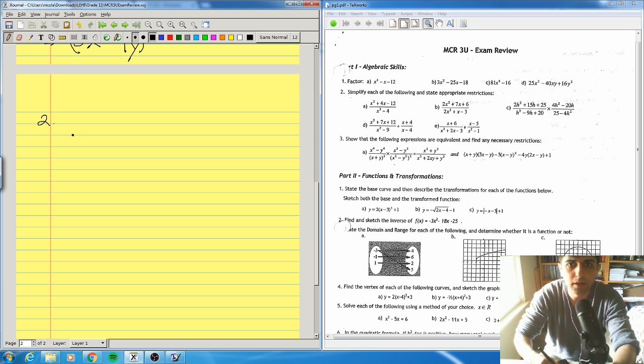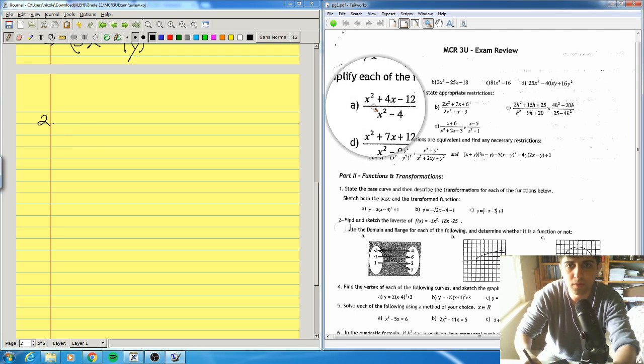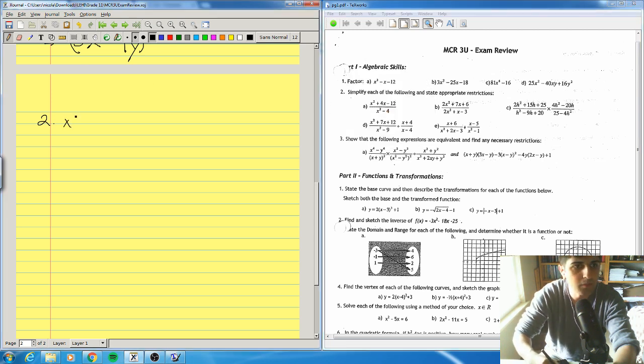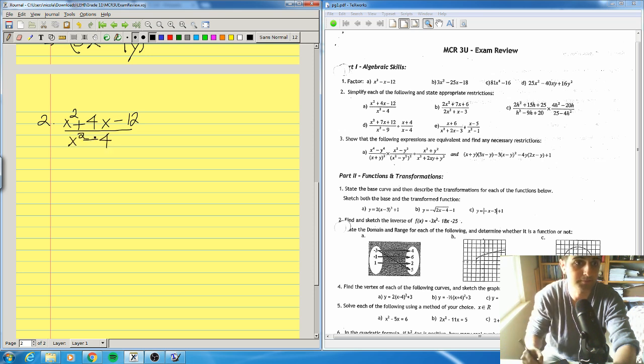Okay, so simplify each of the following and state the appropriate restrictions. So we're going to do 2a, right? We've got x squared plus 4x minus 12 divided by x squared minus 4. First things first, you want to state restrictions.